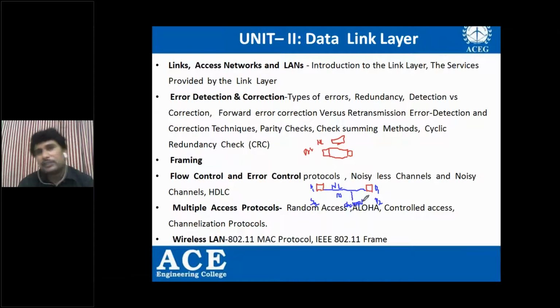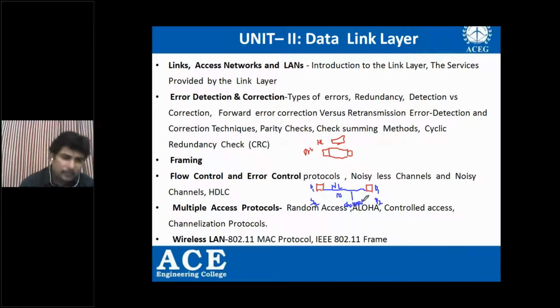In random access, we will be discussing protocols called pure Aloha and slotted Aloha. In controlled access, we'll be talking about token passing. Then in channelization, we'll be talking about TDMA, CDMA, and FDMA. With this, we can understand how a particular channel will be shared among multiple users.